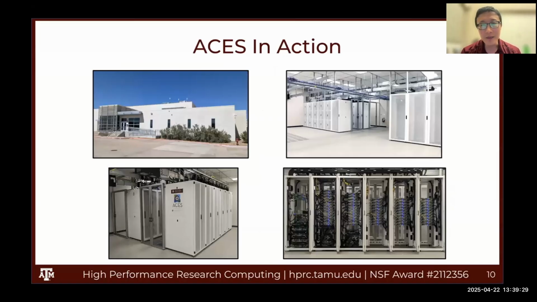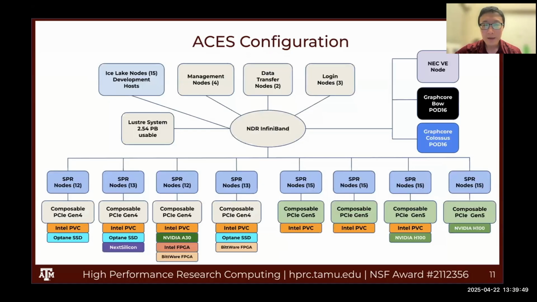The ACES system is physically located at the West Campus Data Center here at Texas A&M University. The system has been there for more than 2 years, I believe, and it's one of the main systems hosted by the data center. The system is connected with the InfiniBand network.